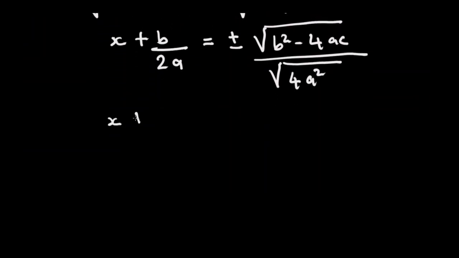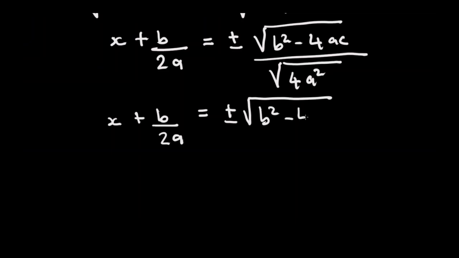Now x plus b over 2a is equal to plus or minus the square root of b squared minus 4ac over 2a. The square root of 4a squared, of course, is 2a.